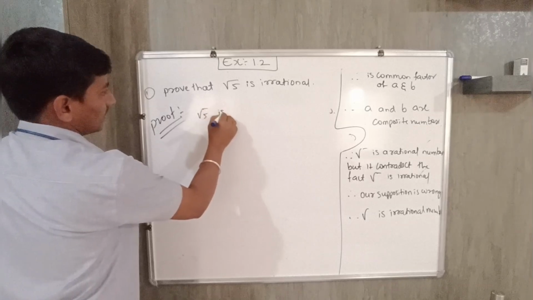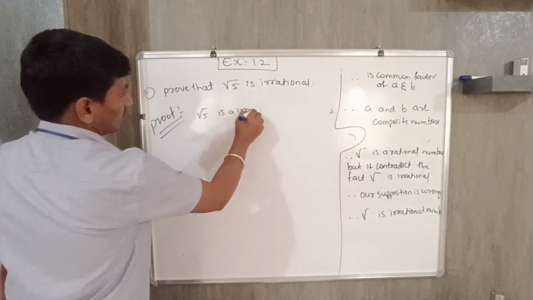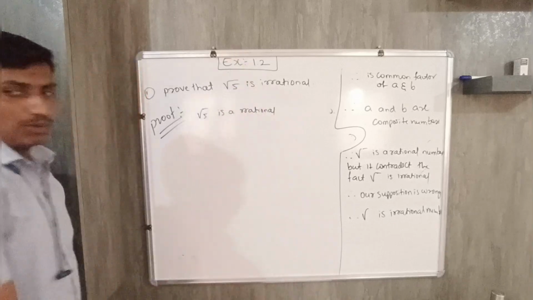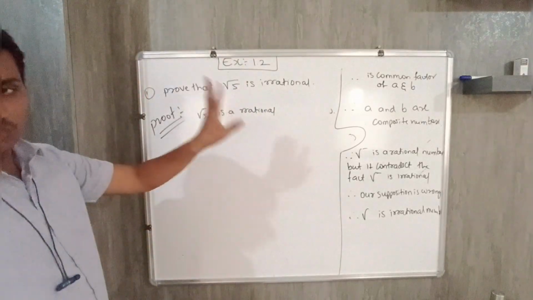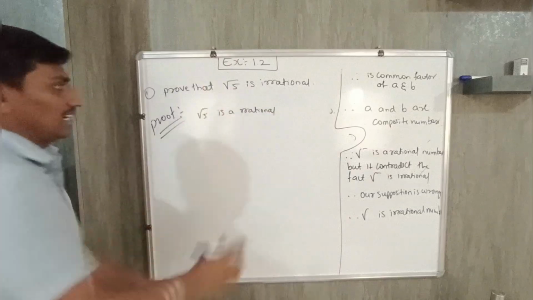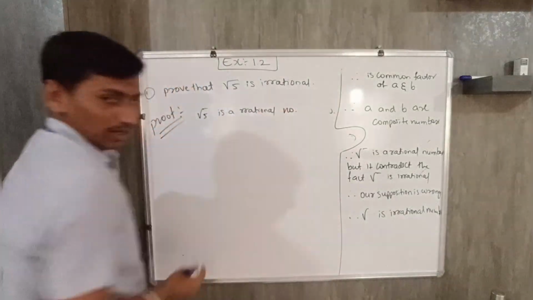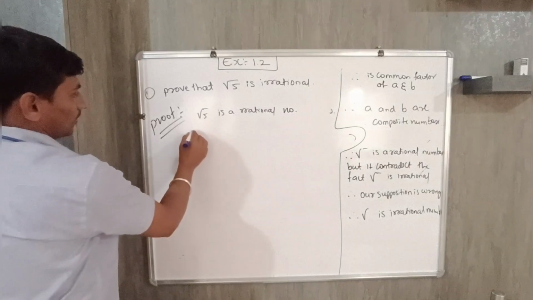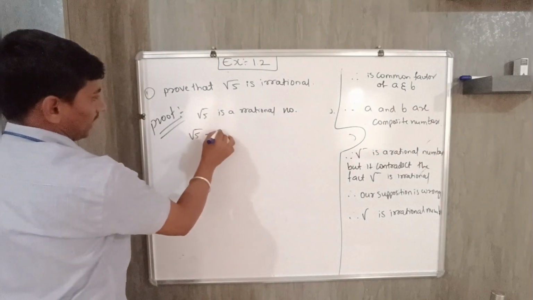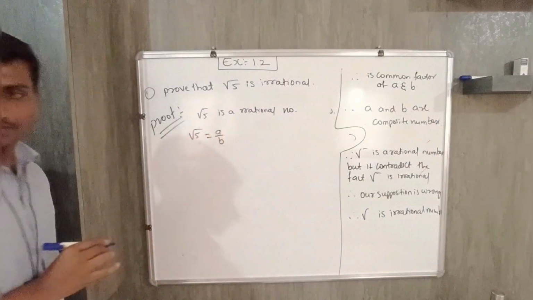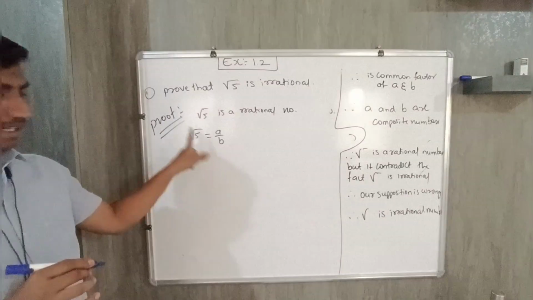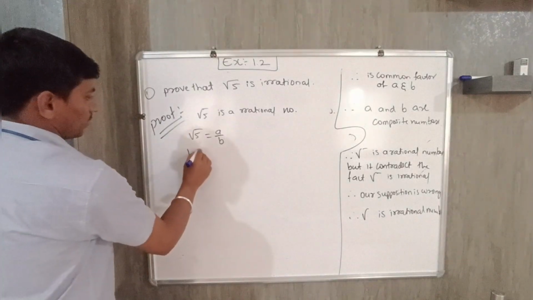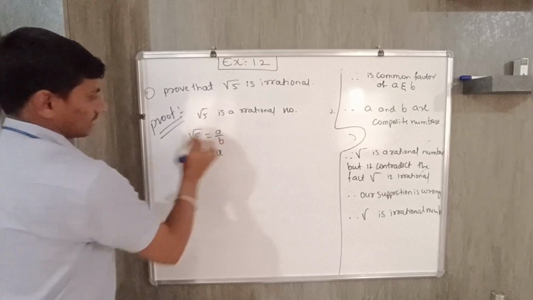Root 5 is what? Irrational or rational? Root 5 is a rational number. You have to prove it. So see, root 5 equal to a by b, right? So again b take this side. So b root 5 equal to a.